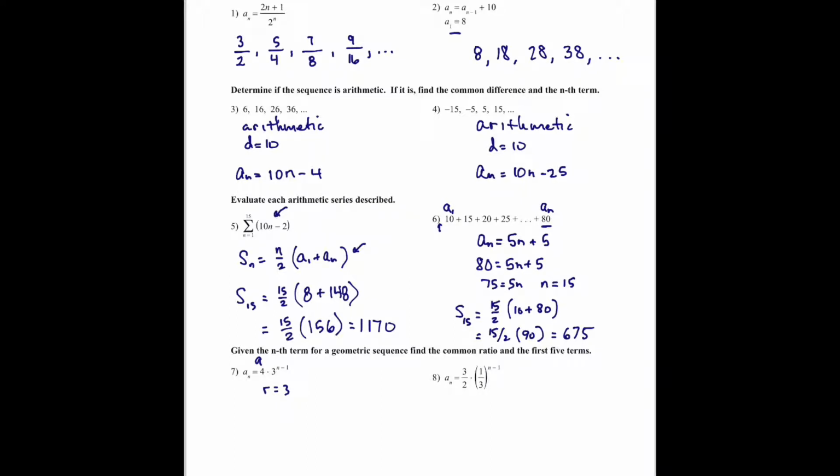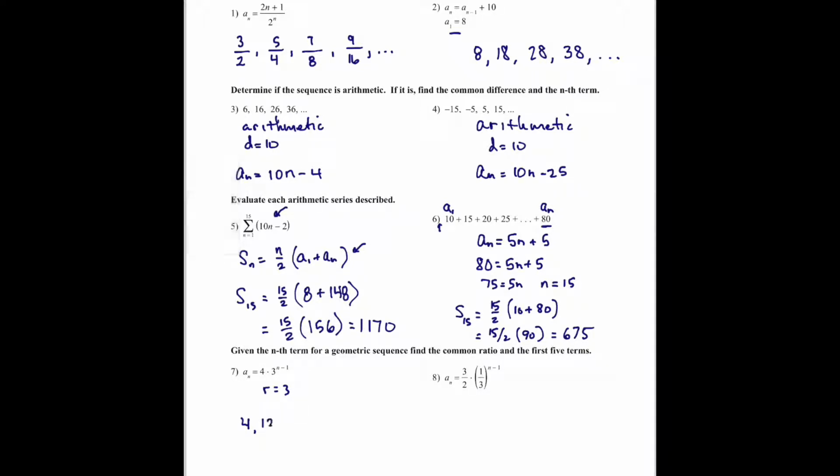You can also figure that out if you plug in n equals 1. 1 minus 1 is 0, 3 to the 0 power is 1, and 1 times 4 is 4. So the first term is 4, and the common ratio is 3, so we just multiply by 3 every time.